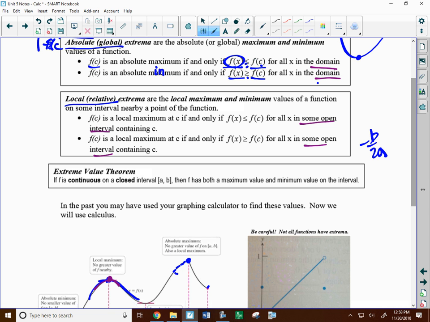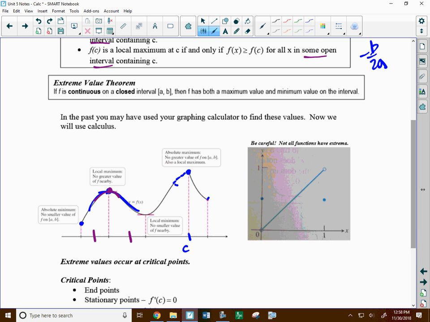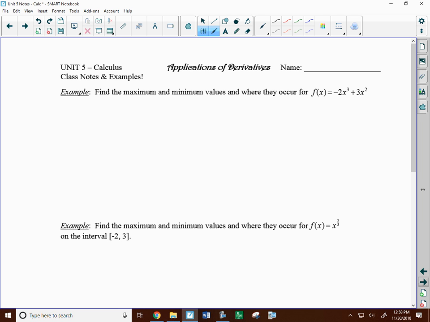Anything else I can clarify there, or any questions on just the terms? Okay, so we'll find some maximums soon. The next thing, though, is the extreme value theorem. Let me jump to the next page for a minute. Sometimes we'll have functions where it just says find the max or min, so the domain is all real numbers.